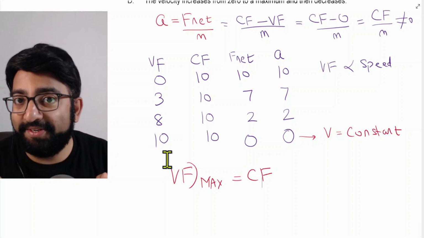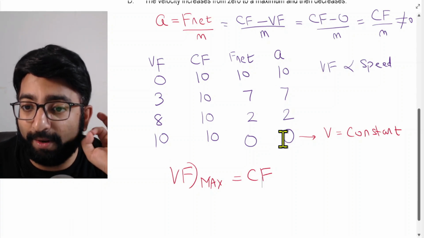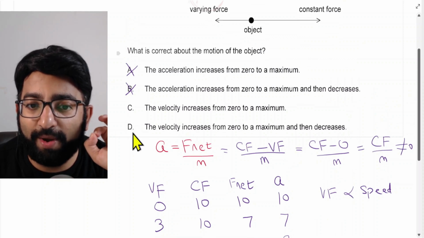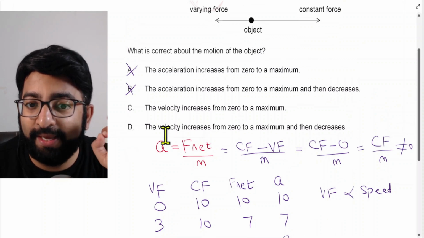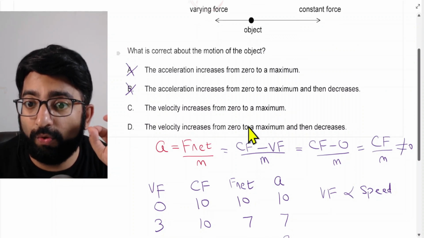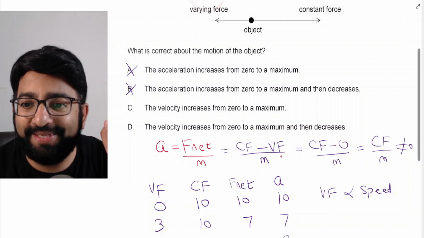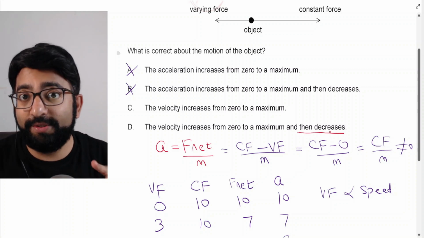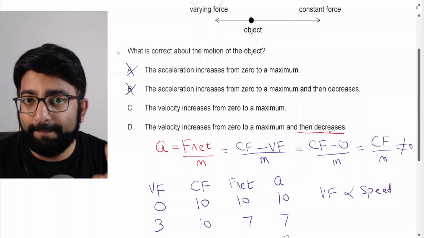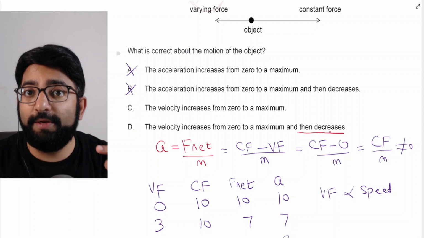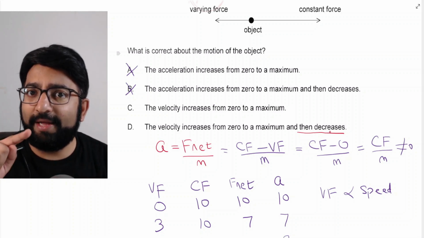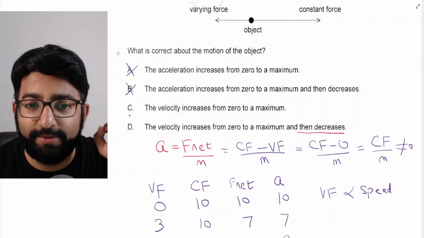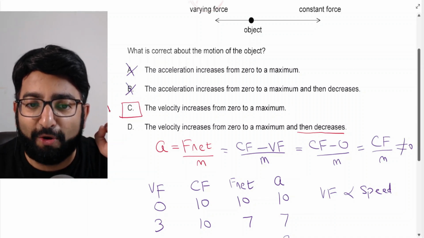So the entire catch here is that the final acceleration becomes 0 and velocity becomes constant. Now if you analyze option D, it says velocity increases from 0 to a maximum. This is fine, but then it says it decreases. This is incorrect because we just saw that after some point of time, the acceleration becomes 0 and the velocity at that stage will become constant, and that's a maximum value. Hence, the answer for this question is option C.